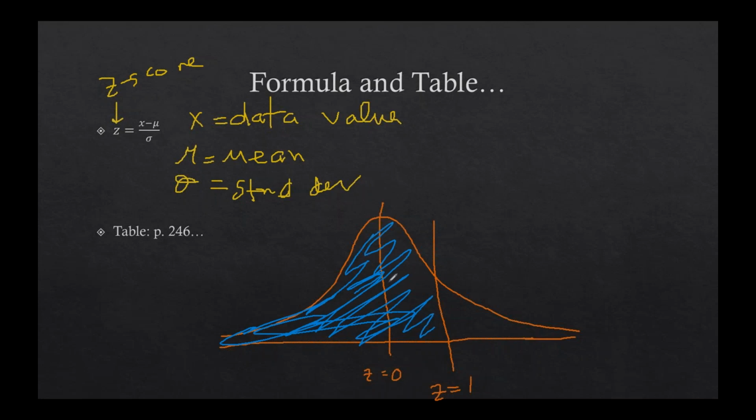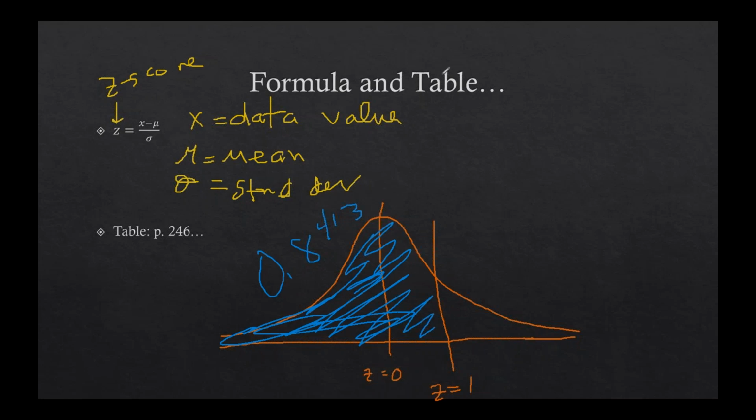What number does your table give you for a z-score of 1? Good. 0.8413. Does everybody see that? If you don't have your sheet with you, it's kind of difficult, but hopefully go back and check later.